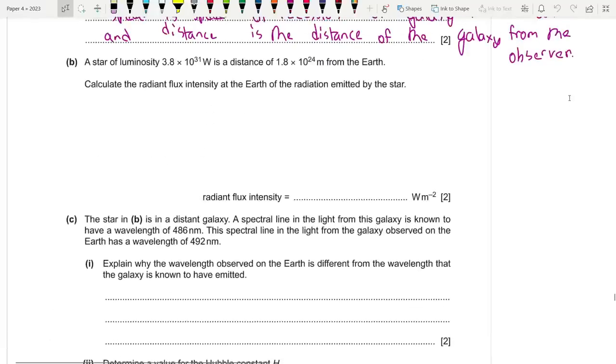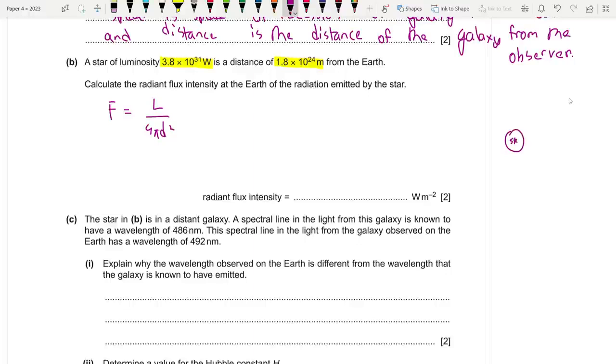A star of luminosity 3.8 × 10^31 watts is a distance of 1.8 × 10^24 meters away from the Earth. Now, calculate the radiant flux intensity at the Earth of the radiation emitted by the star. So we know that the formula for radiant flux intensity is F equals luminosity divided by 4 pi d squared, where d is the distance.